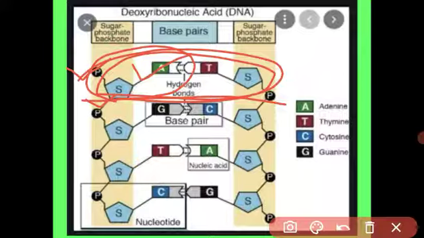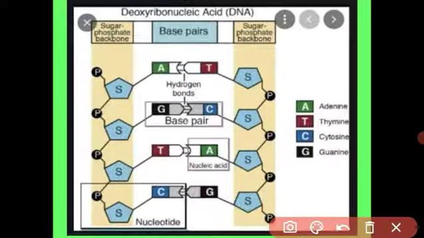Understood? There are 4 types of nitrogenous bases: adenine, thymine, cytosine, and guanine. These nitrogenous bases are arranged in each nucleotide.